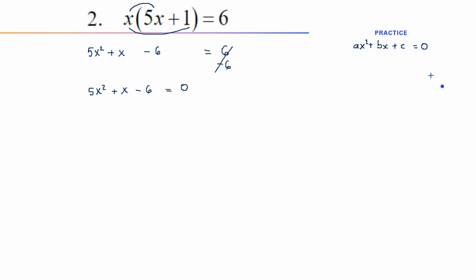Remember, this one has 3 terms, so we can try the AC method. What two numbers multiply to a times c, which is 5 times negative 6, that's negative 30, and also add up to 1?